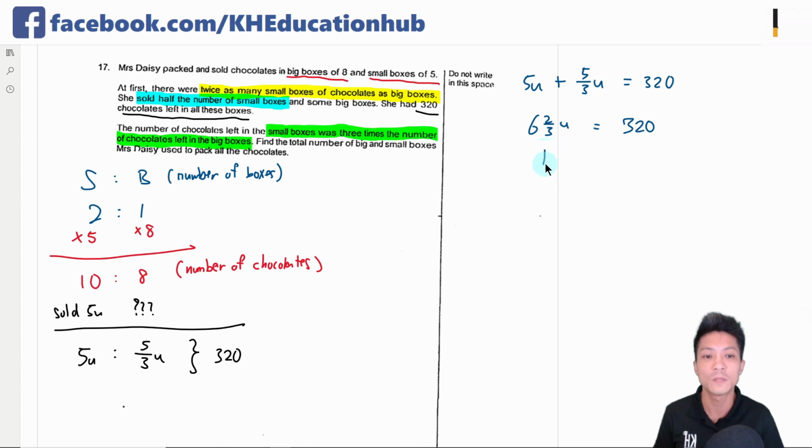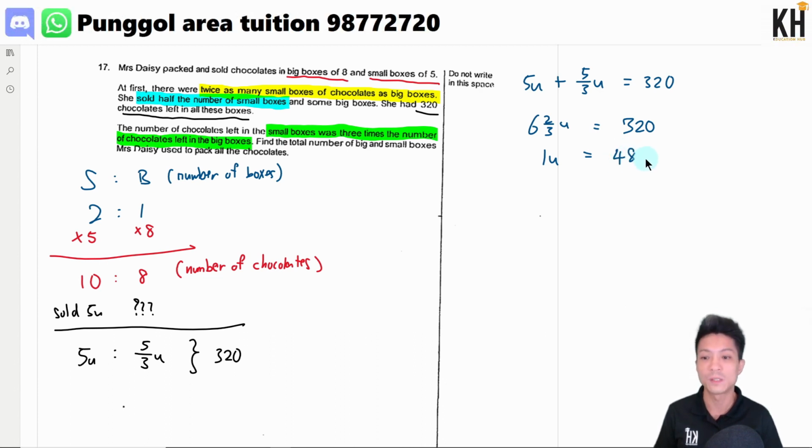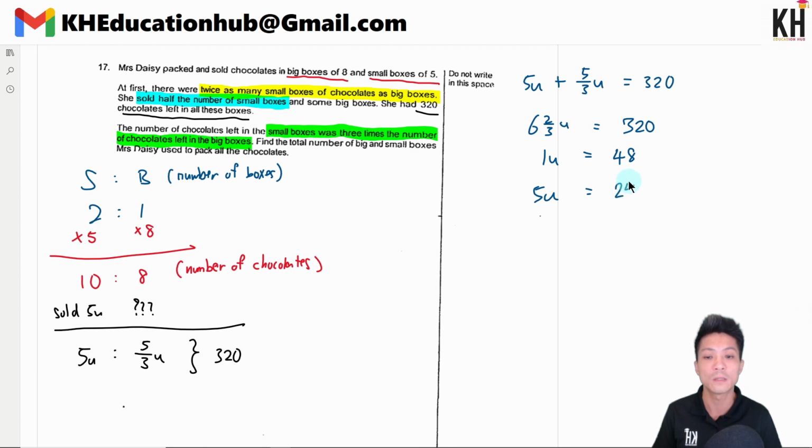So I'm going to find what is 1 unit. 320 divided by 6 and 2/3 is 48. I want to find what is 5 units. 48 times 5 is 240.